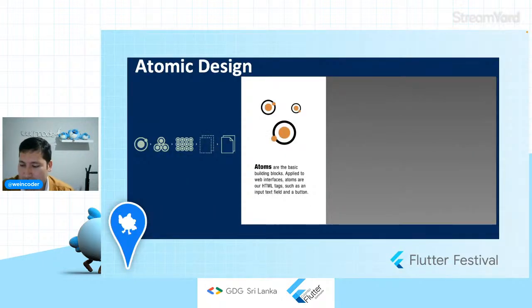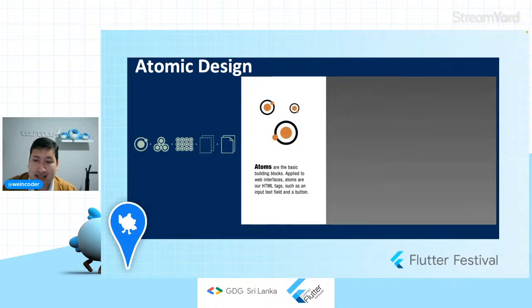Well, we found a methodology called atomic design. We decided to use this methodology to implement our design system. Brad Frost is the creator, explaining that we must divide our digital experience into the following elements.